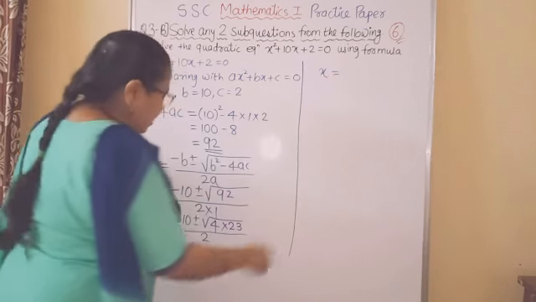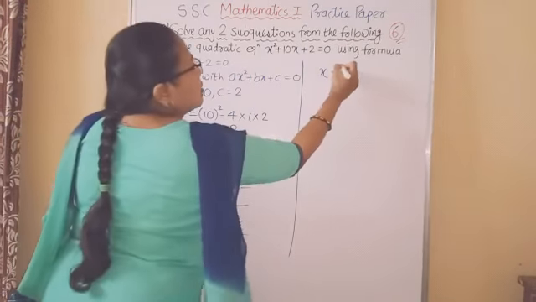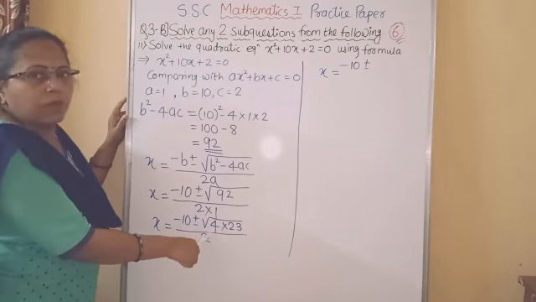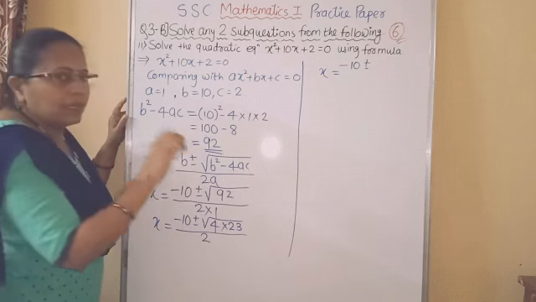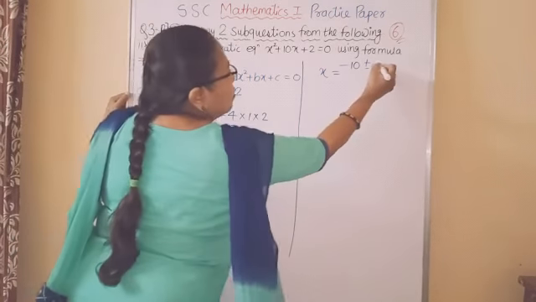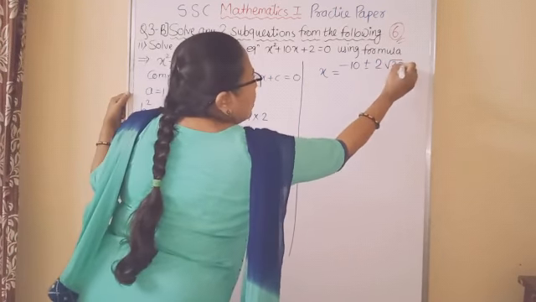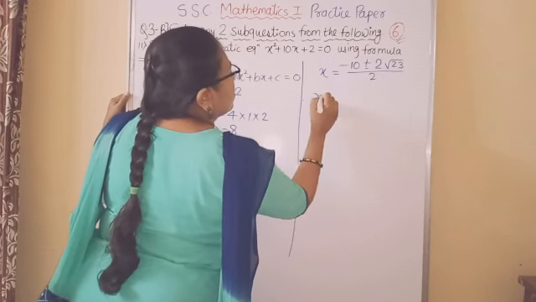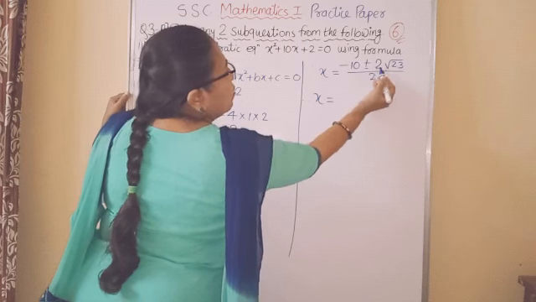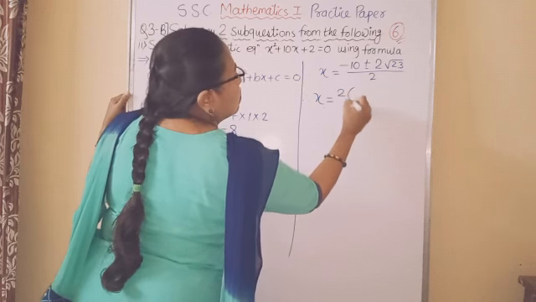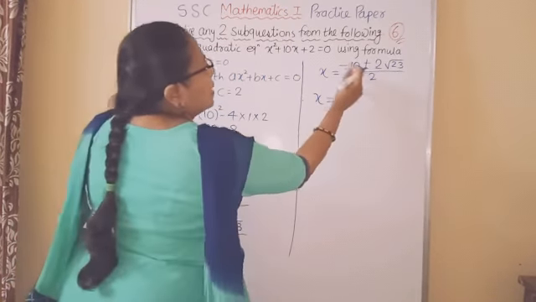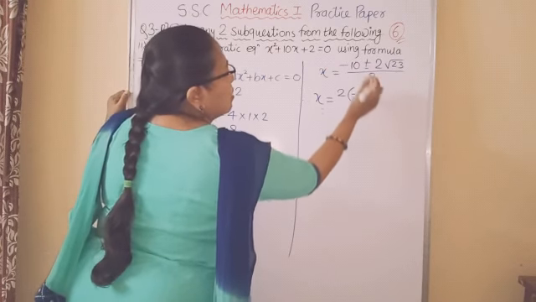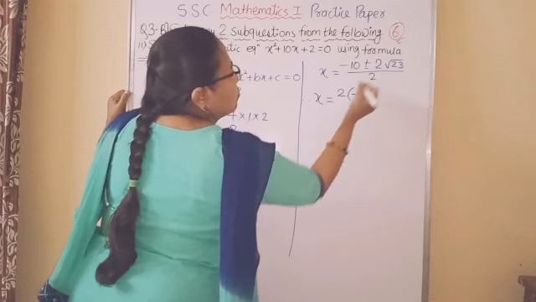Therefore, x is equal to minus 10 plus minus square root of 4 is 2 and 23 remains under the square root. So here you will get 2 root 23 divided by 2. Now from 10 and 2 we get common factor 2. In bracket minus 5, you have to divide by 2. 2 5s are 10. So minus 5 plus minus, these 2 we got common.